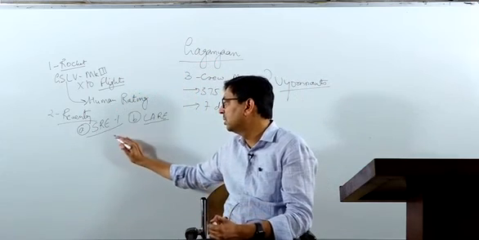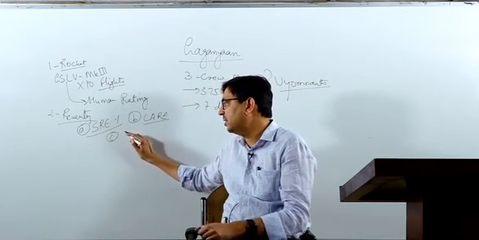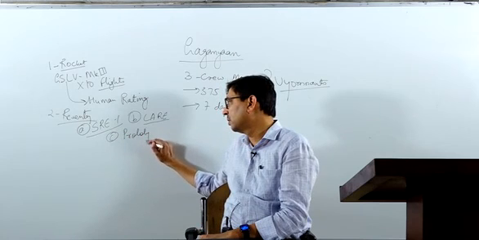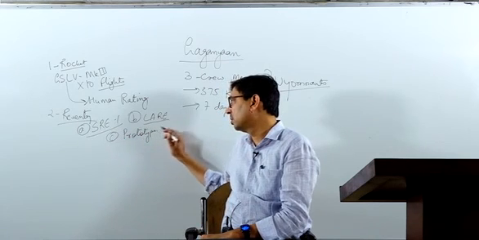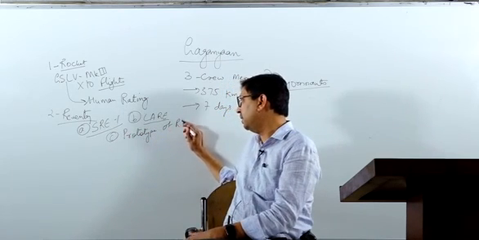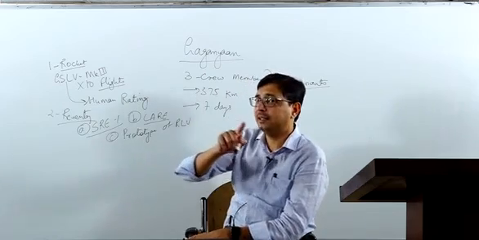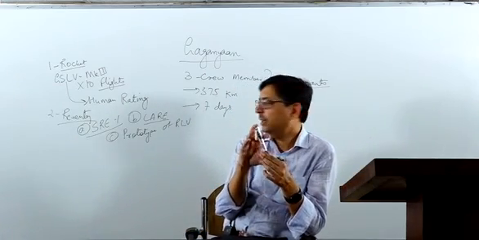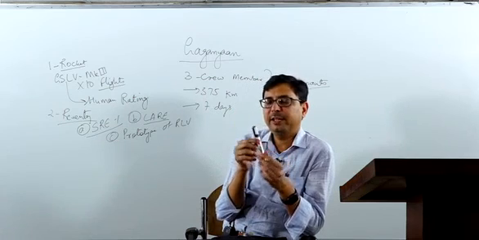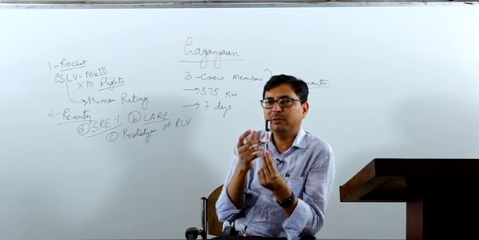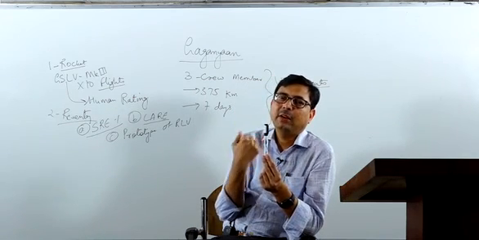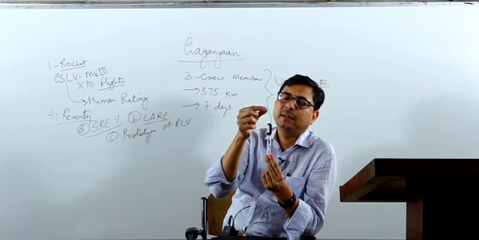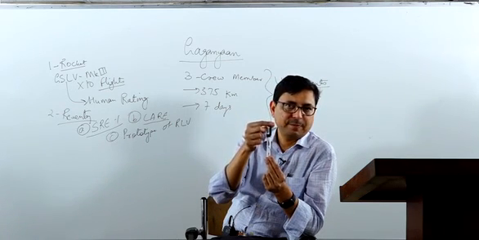Third was testing of the prototype of RLV. RLV, reusable launch vehicle. In the last class, first class, I have discussed with you. So here what ISRO did, they took a 2-stage solid fuel sounding rocket, and on that 2-stage solid fuel sounding rocket they placed the prototype of RLV.